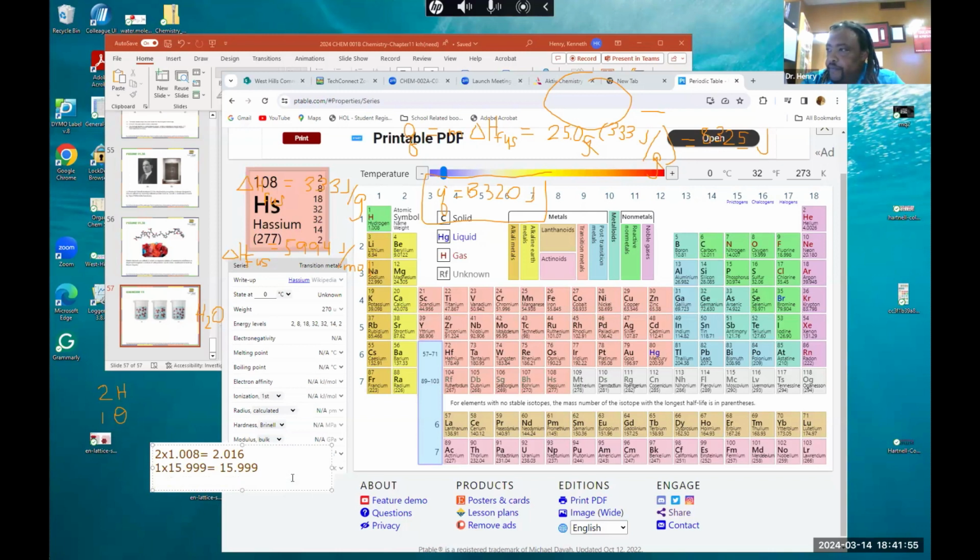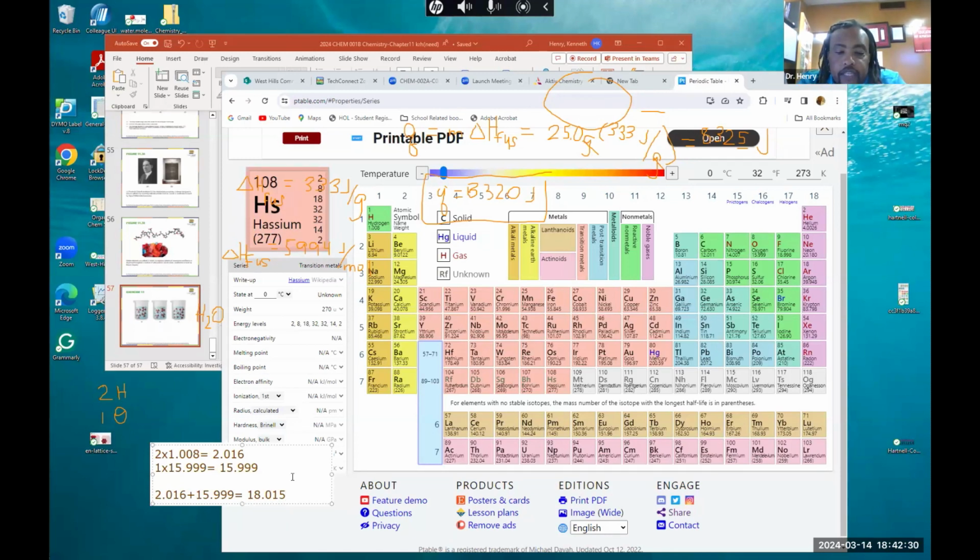And we're going to add the two together. 2.016 plus 15.999. So that's going to give us 18.015.